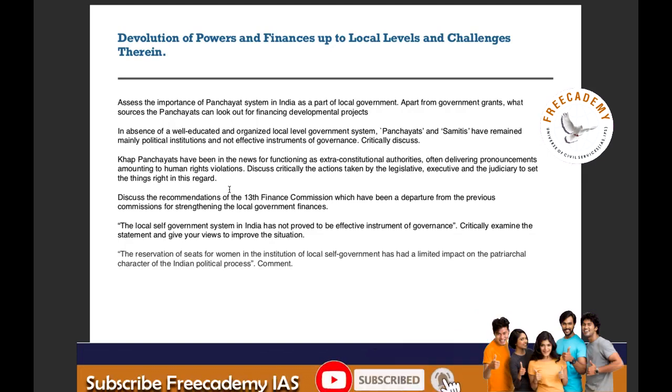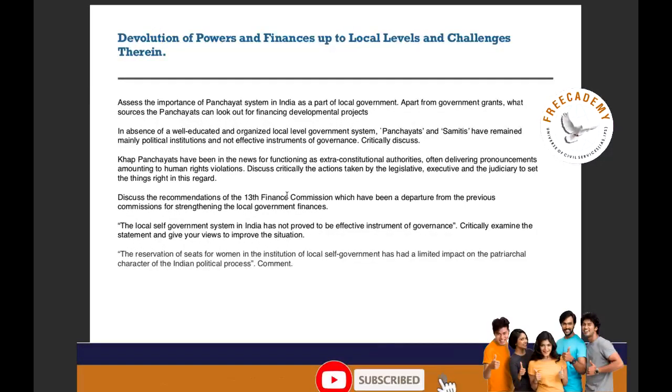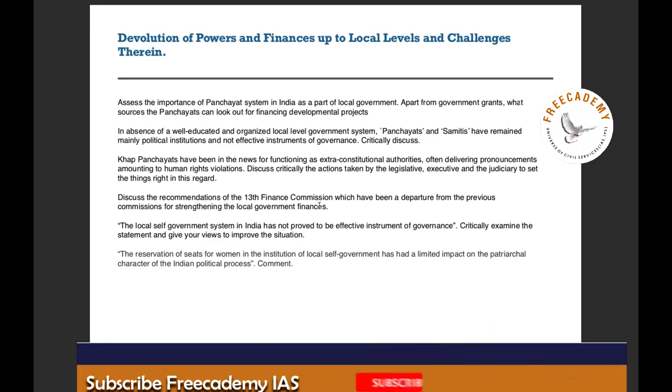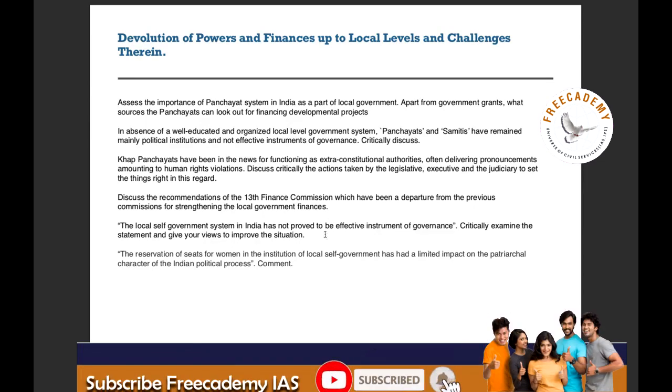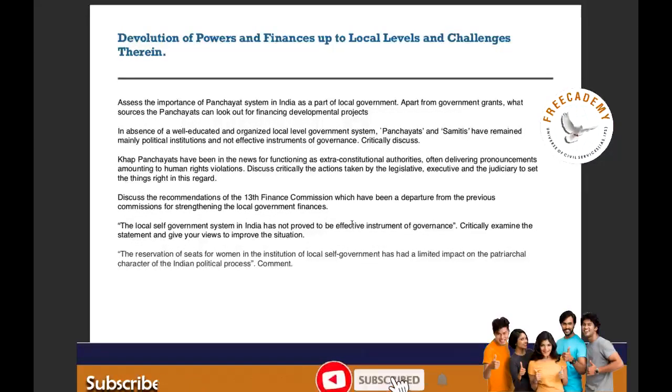Then about the financial power of the Panchayati Raj system, how the 13th Finance Commission has played a role in improving or strengthening local government finance. So we have to understand the functions of the panchayat, the different functionaries of the panchayat, and these things are very crucial to understand local self government and how it can be an effective instrument for governance.